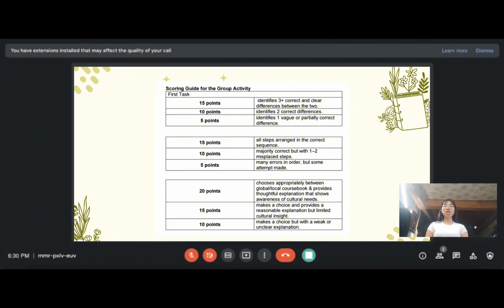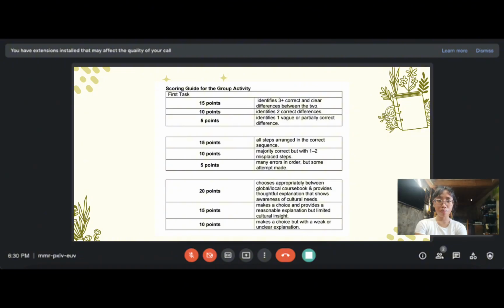Work together and aim for the top. Remember, the more complete, accurate, and thoughtful your group's work is, the higher the score you will achieve. This guide is meant to help you aim for the best possible outcome. So work together, think carefully, and do your best.